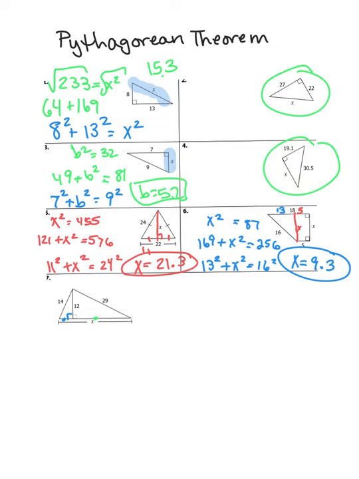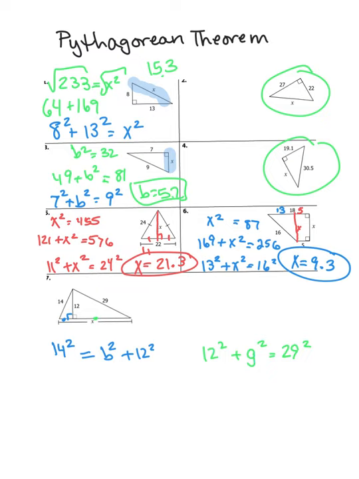And my green side I'm going to call G for green. 14 is my C. So 14 squared is equal to the blue squared plus 12 squared. And for the green, I would set it up as 12 squared plus my green squared is equal to 29 squared. I'm going to have to solve both of these individually, solve for B and solve for G, and then add them together.